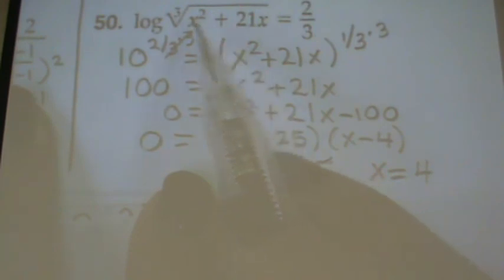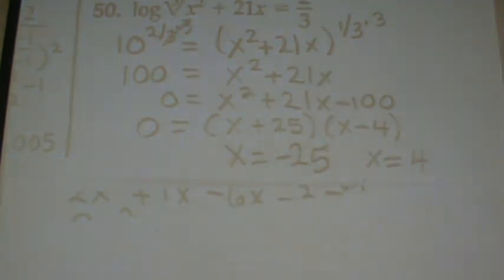But also, when you take the cube root of a number, you can take the cube root of a negative number. So this answer is good, and so is that one. They both work.